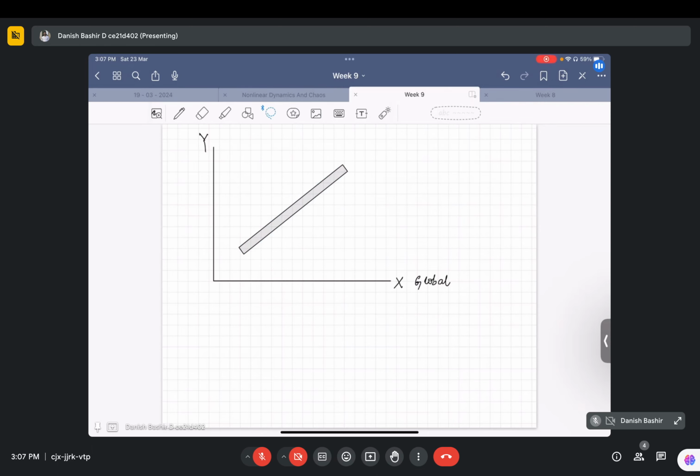It is having some inclination. So it is the local coordinate system. We can show it like this. This is its local coordinate system.